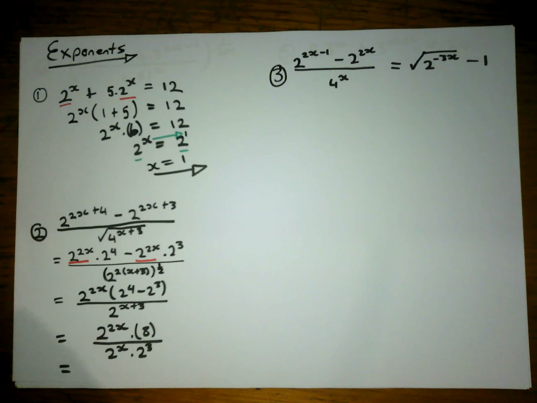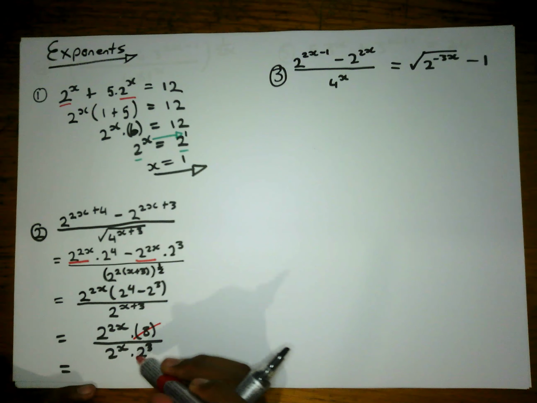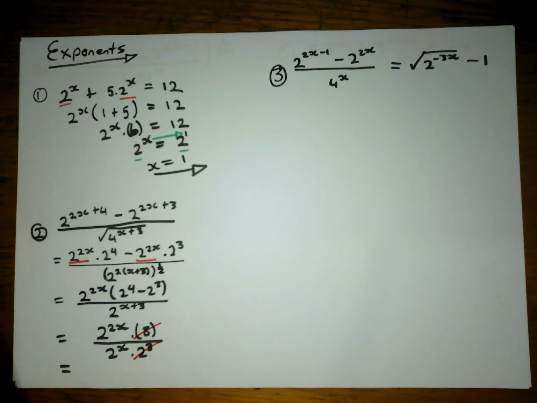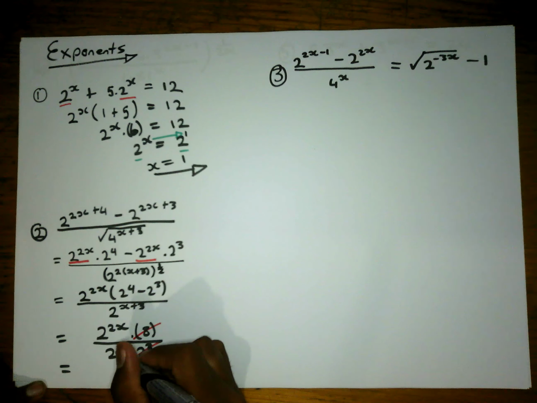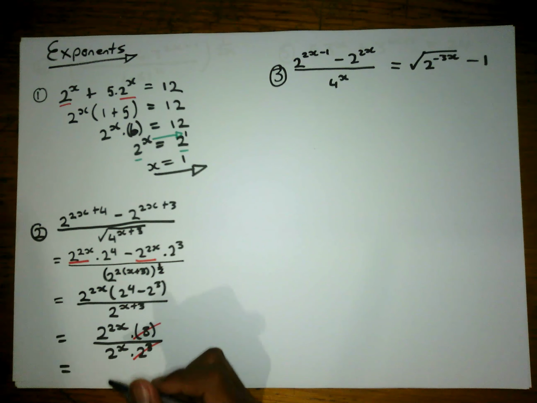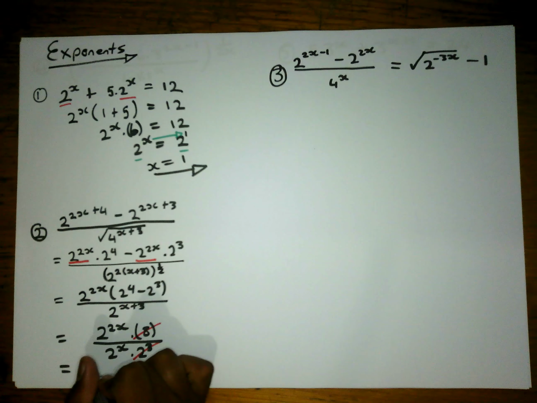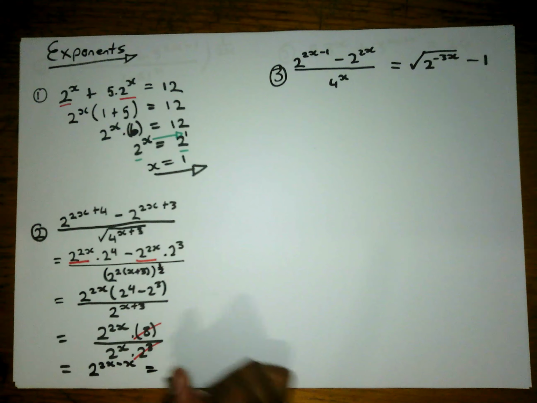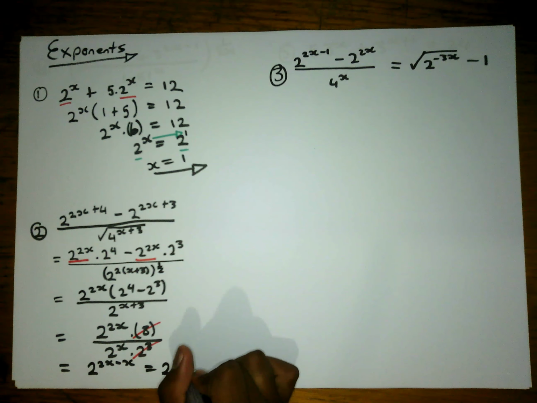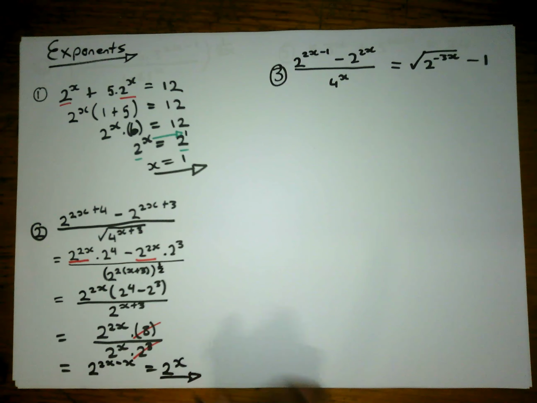So this is 8 and that 8 will cancel. We're left with 2 to the power 2x over x. But we can write this as 2 to the power 2x minus x equals 2 to the power of x. Final answer.